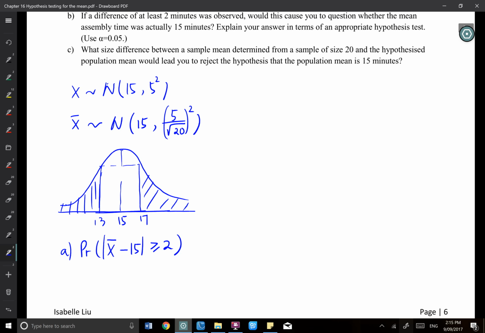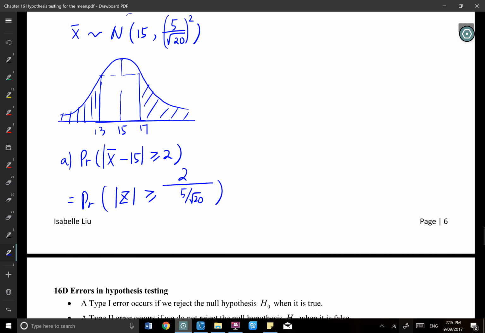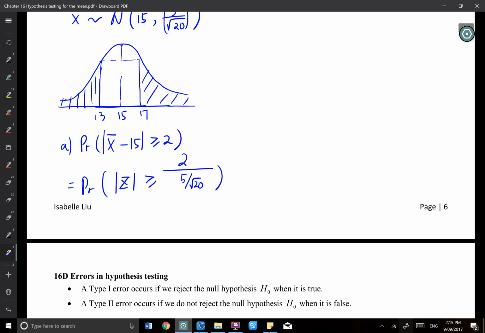Okay, so I already have x bar minus mu. How about I divide that by the standard deviation? So it's 2 divided by 5 over root 20. That will be the absolute Z greater than that, which is 4 root 5 over 5.